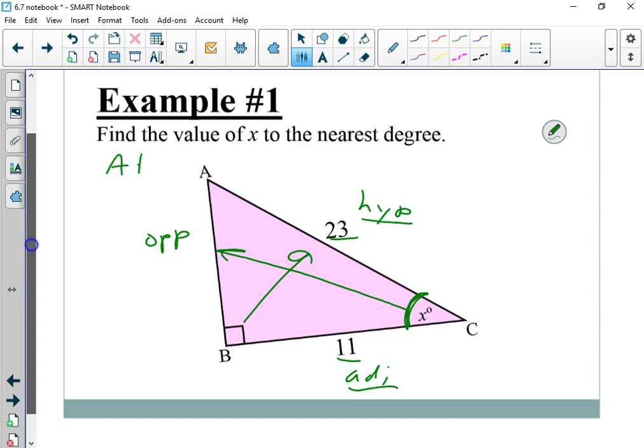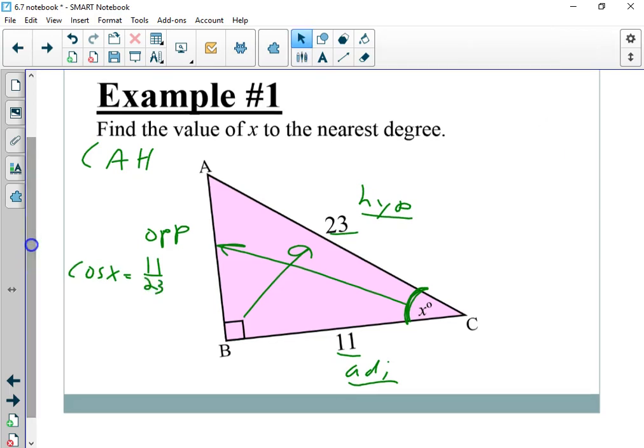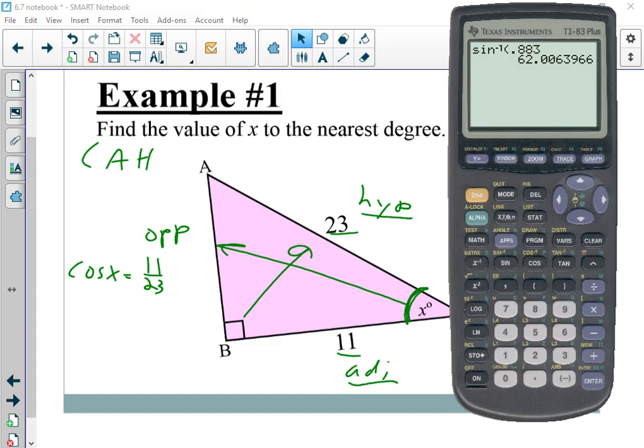Which one is cosine? So I write down cosine of x equals adjacent over hypotenuse. And then I just take my calculator, and I do second cosine, and I just type in the fraction, 11 divided by 23.